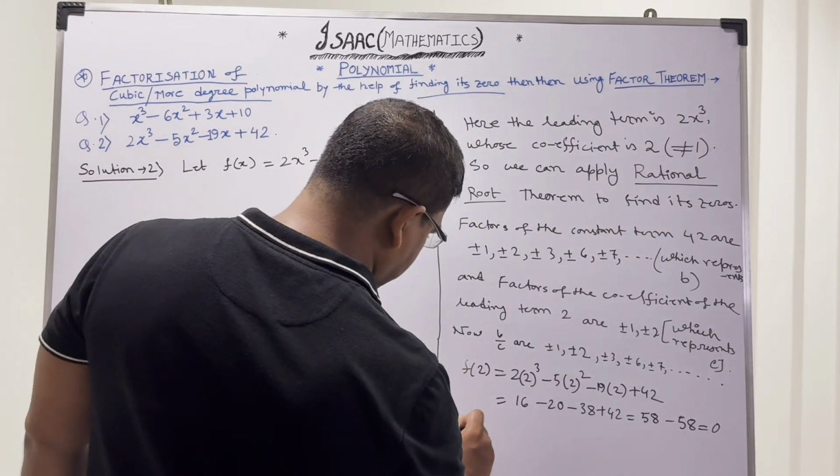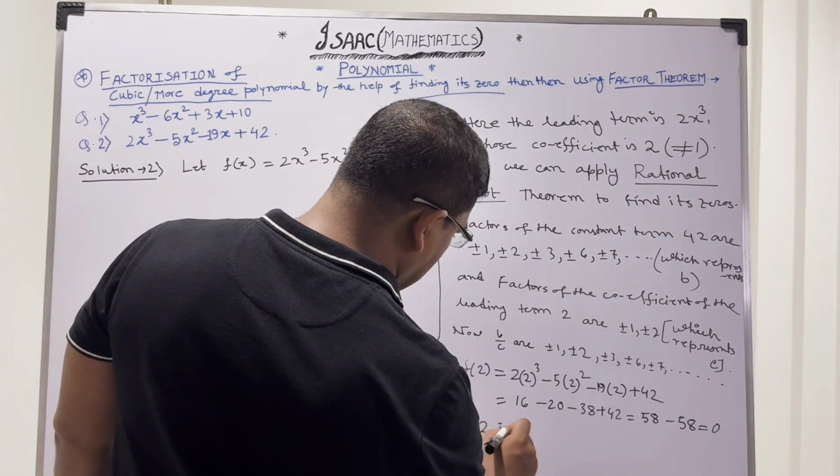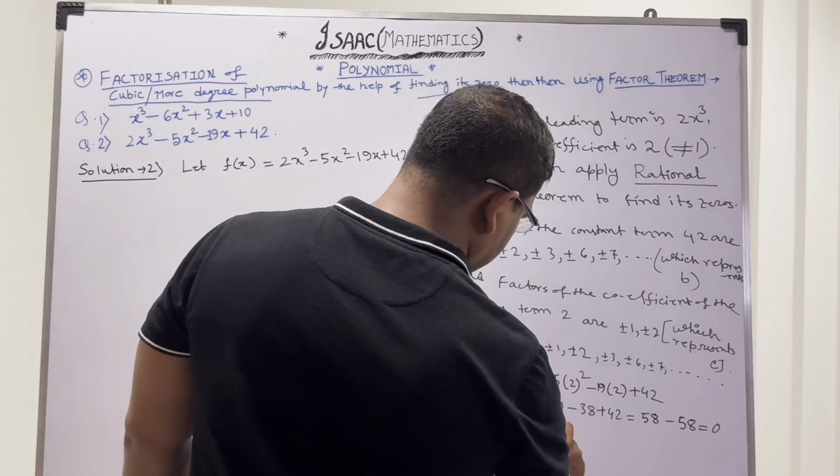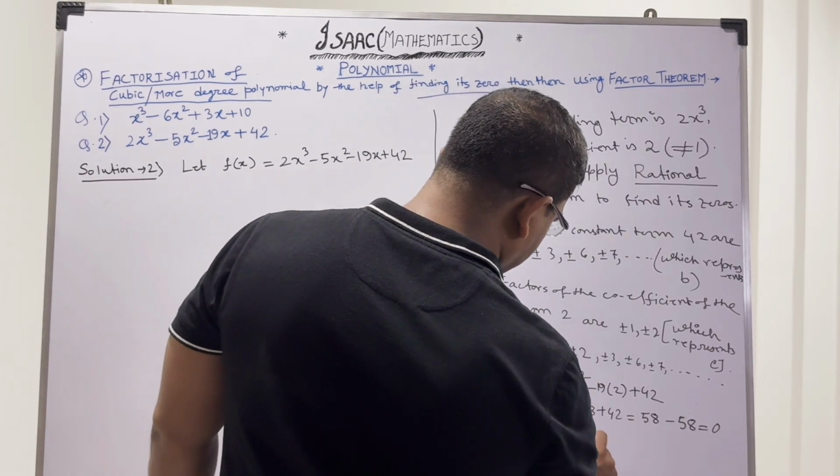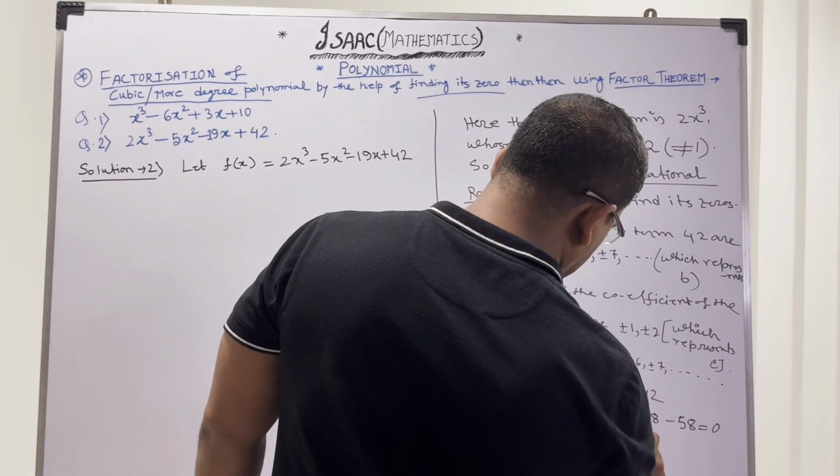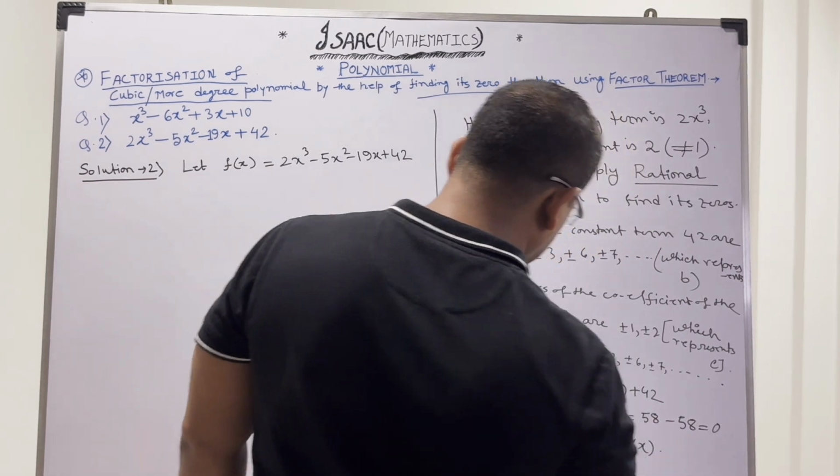So this implies 2 is a zero of the polynomial f of x. Okay.